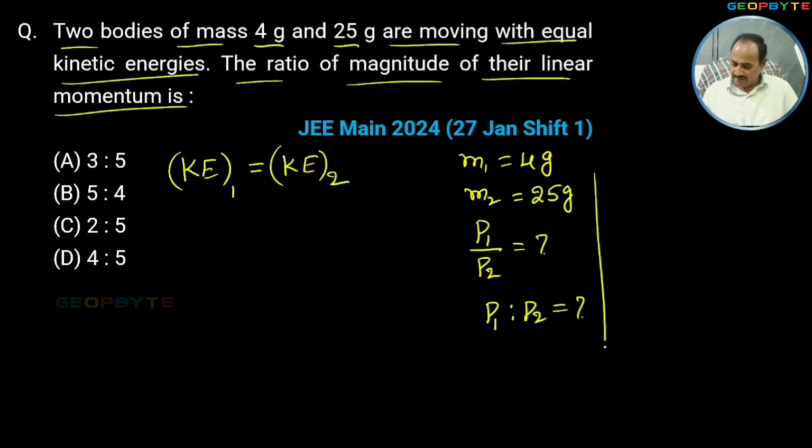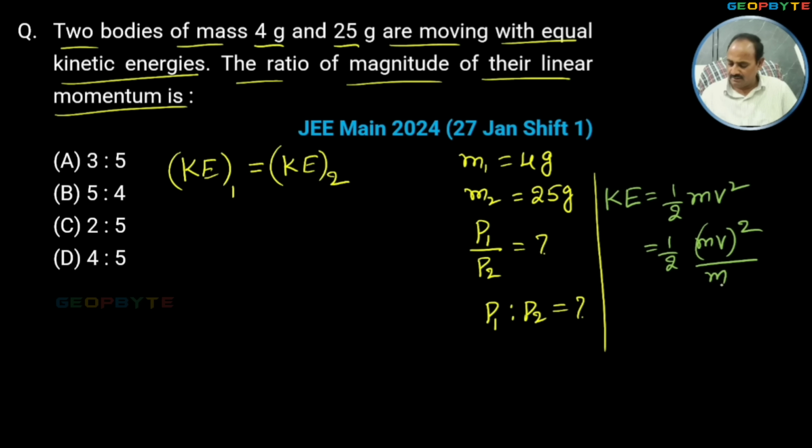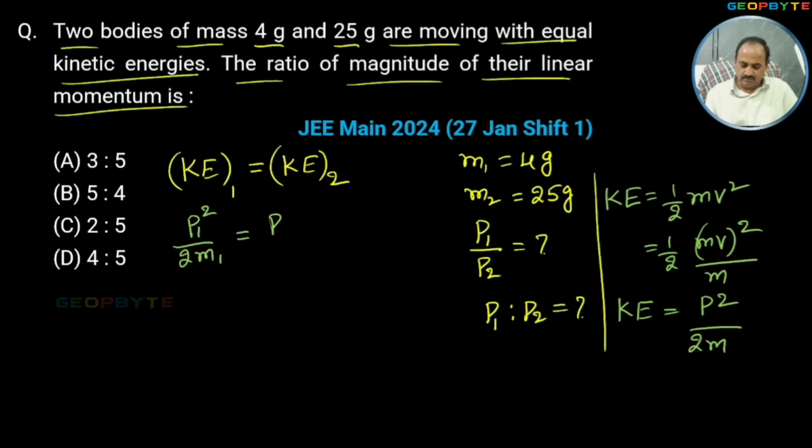For that, as you know, the kinetic energy K equal to half mv square. It is equal to half (mv) whole square divided by m. So kinetic energy equal to P square by 2m, where the product of mass and velocity is the linear momentum P. Here, since kinetic energies are identical, I can write P1 square by 2m1 is equal to P2 square by 2m2. This 2 is cancelling.